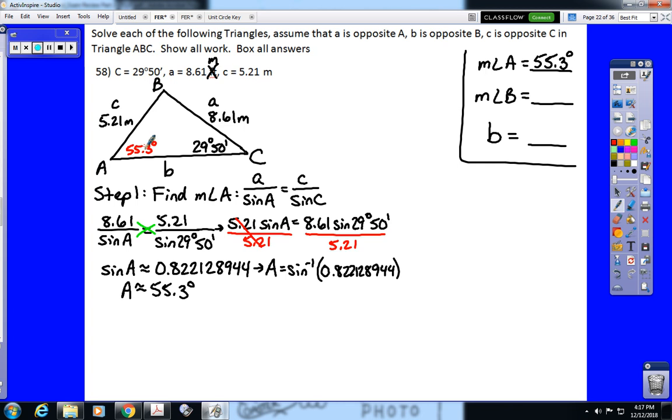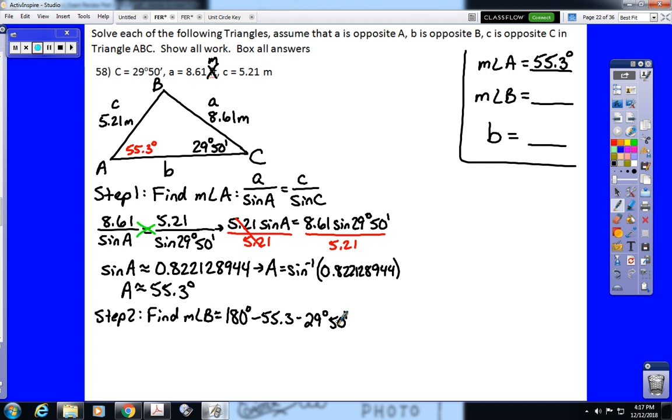Which means we can find now the measure of angle B. So step 2, we're going to find the measure of angle B. And that's because we now know that angle B is 180 degrees minus the other two angles, 55.3 and 29 degrees 50 minutes. It doesn't matter that these aren't both decimals. You can type that in the calculator.